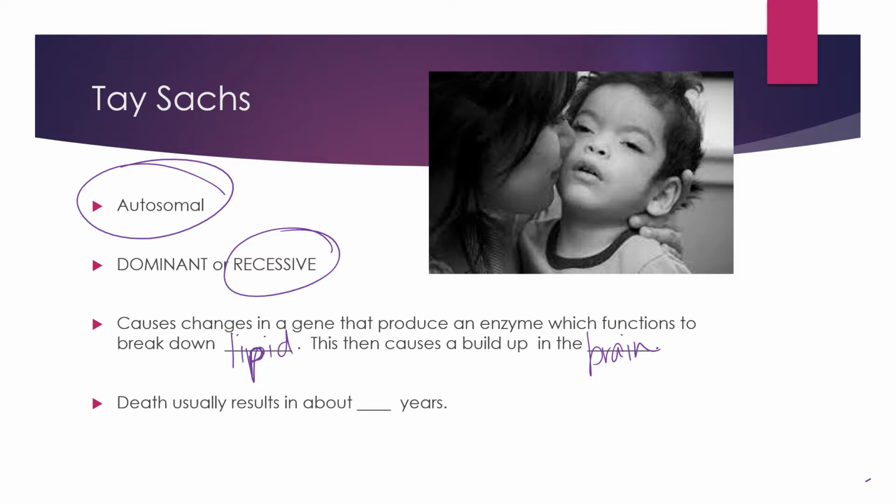So individuals that are diagnosed with Tay-Sachs usually don't live past the age of 2, and that's because this enzyme that normally breaks down these lipids in the brain can't do that because there's a change in the gene that makes that enzyme. So, quite sad, actually.